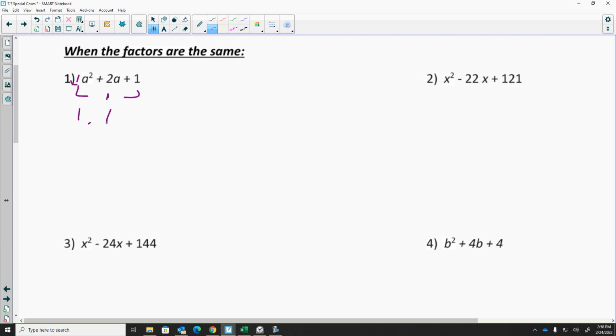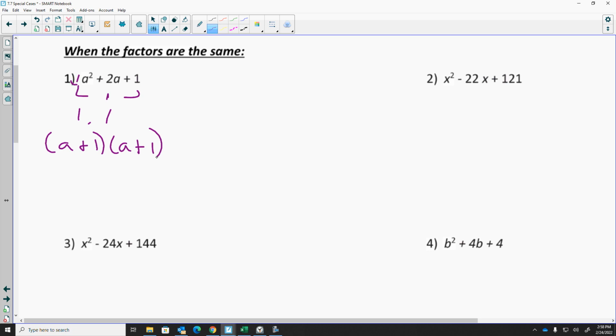Shortcut, right? Can I do the shortcut here? Why? Yeah, because the leading coefficient is 1. That's the fancy way we say it. But if there's nothing in front, you can do the shortcut. So I know that it's going to be a plus 1 times a plus 1. This is a special case. We call this a special case because the factors are the same.